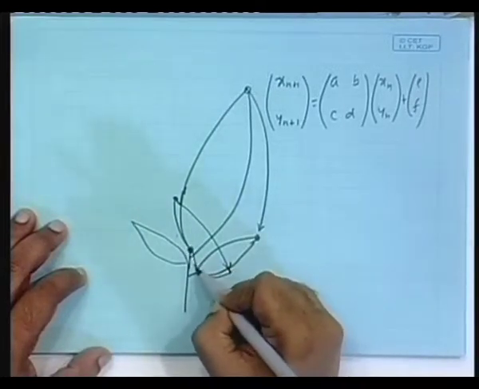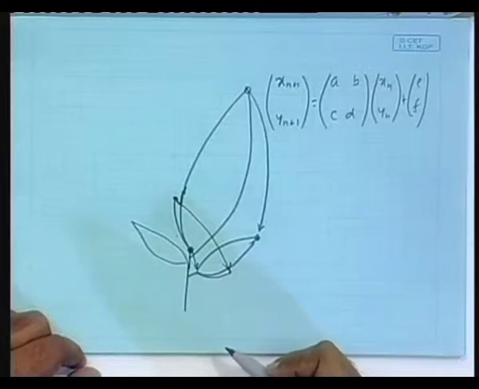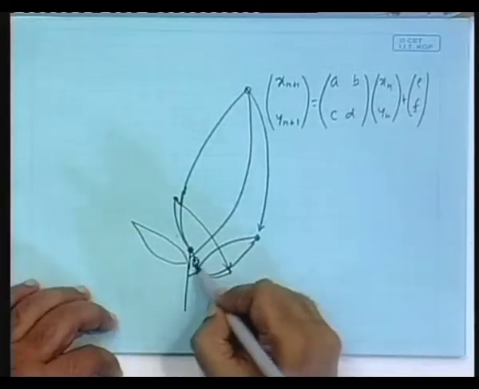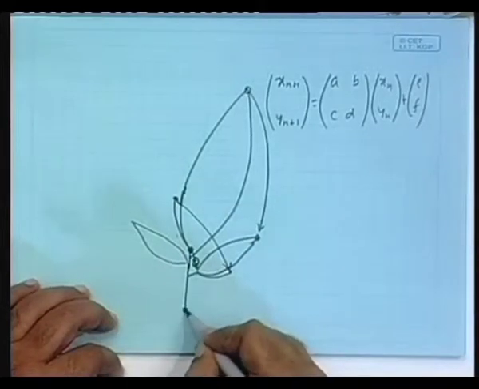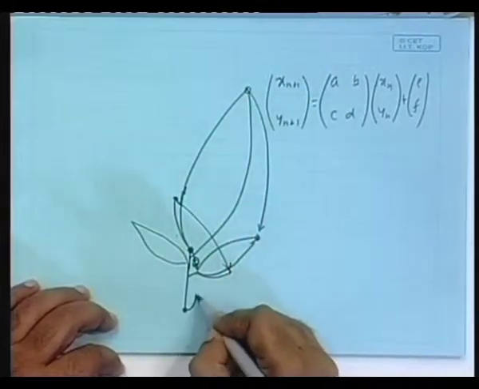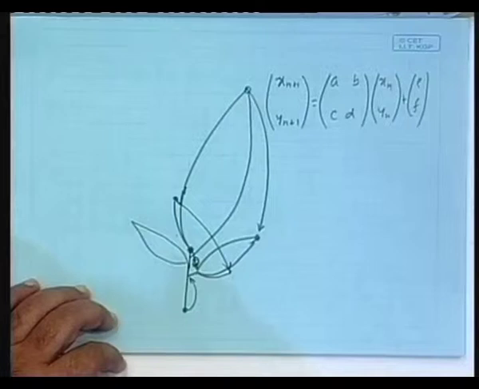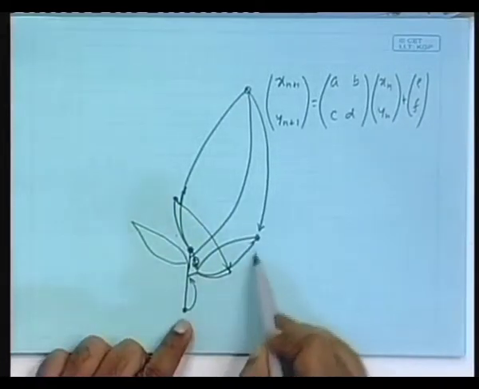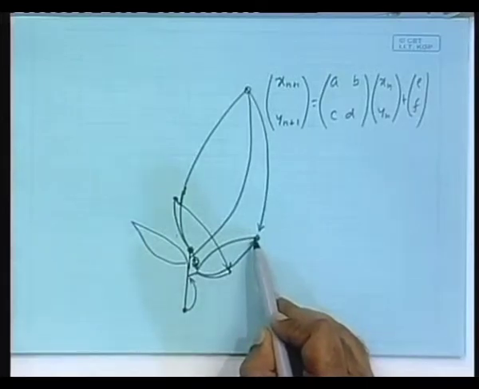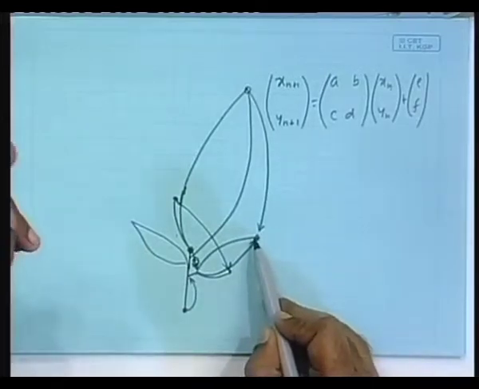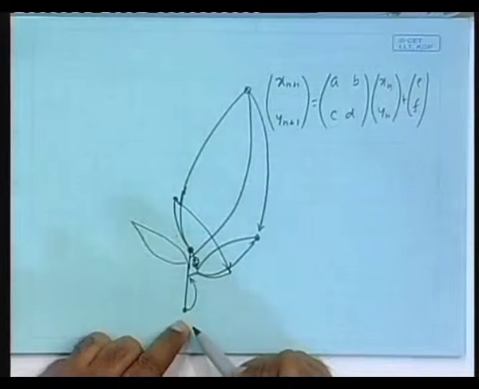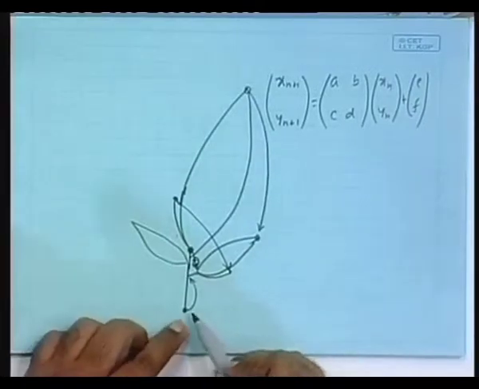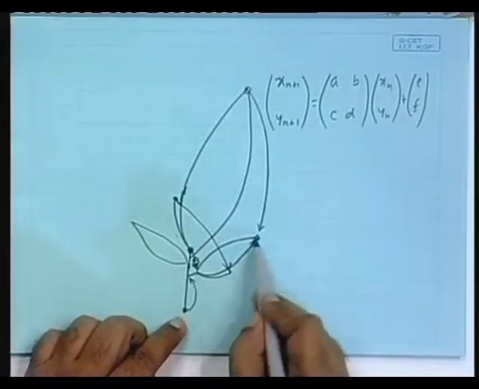The starting point must go to the starting point. This is the starting point of the whole fractal, that should map to this one. So, this way, for this particular part, we are able to identify 3 points of the original full fractal object, which when affinely transformed will give the smaller one.